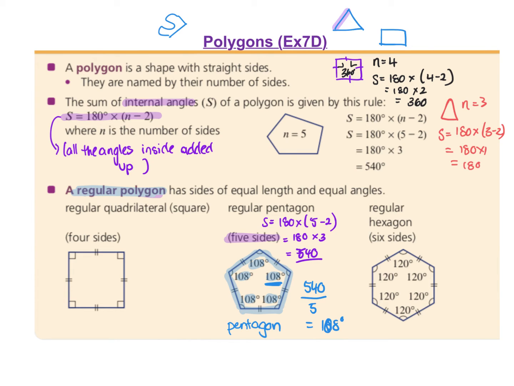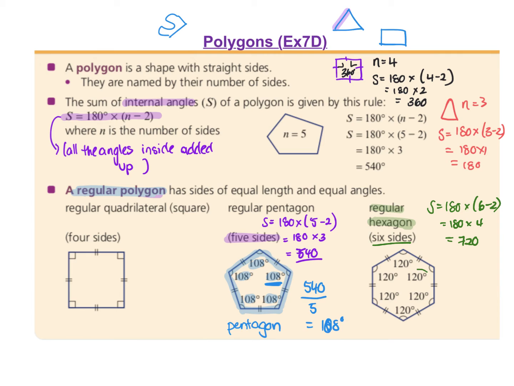So over here, when we've got a hexagon, what they did is they said, all right, the sum of all the angles, so they used this formula. It did 180 times, now n was 6 because 6 sides, minus 2, so you end up with 180 times 4, which is 720, okay?